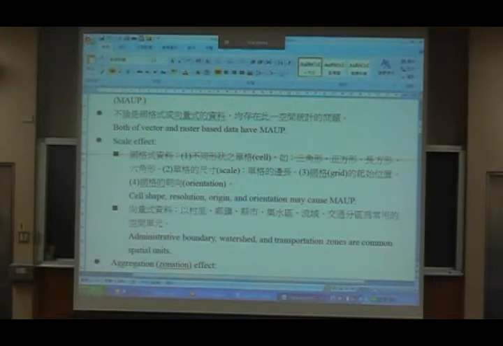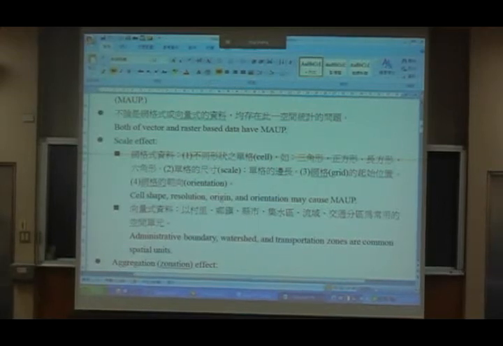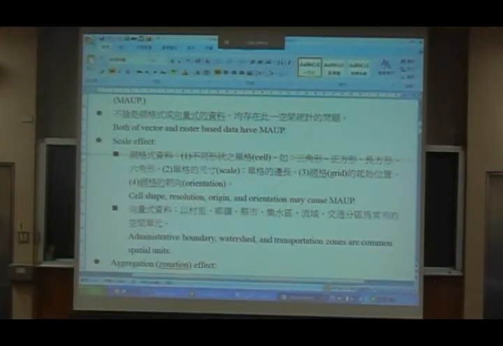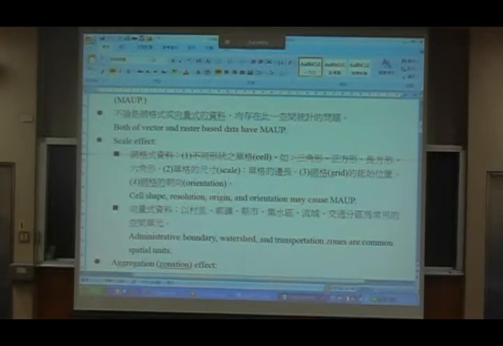The cell shape, no matter what, could be regular, square, rectangle, or triangle. If you use a different shape, you may get a different result, because you divide the map in different ways. So the shape will affect the result. The scale, also the resolution, can also affect the result.